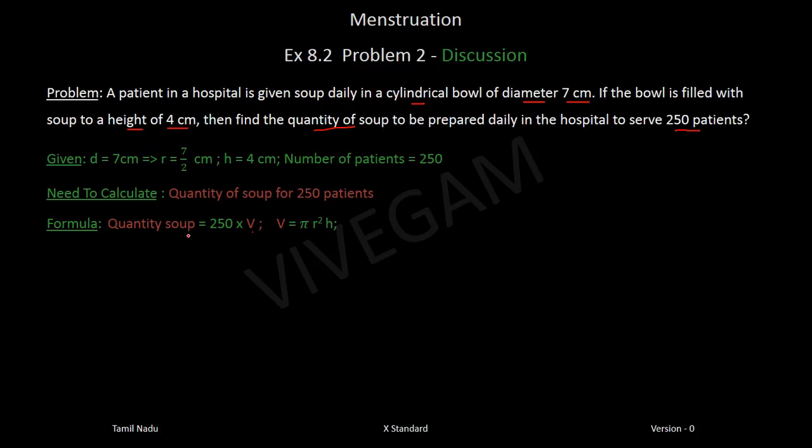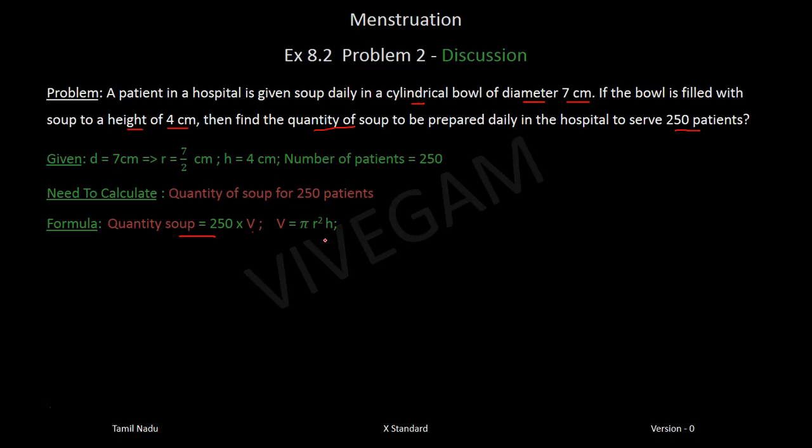So this is how it can be done. But if you look at this problem, we cannot use this because we don't know the volume of the cylindrical bowl. So we'll have to calculate this. Now V is given by the cylinder, so V is given by pi r squared h. On the right side, it's all green, which means we can easily calculate volume by substituting r, which is 7 by 2 cm, and h, which is 4 cm.